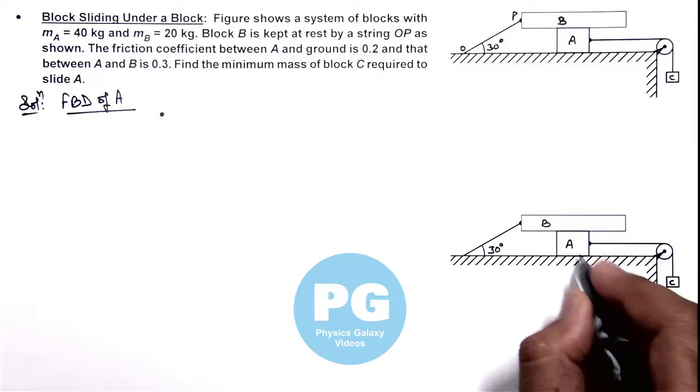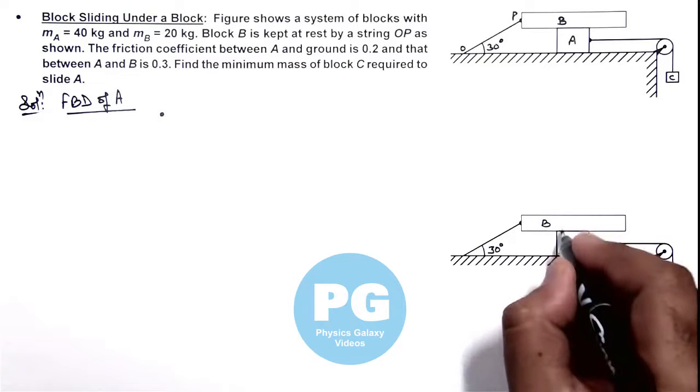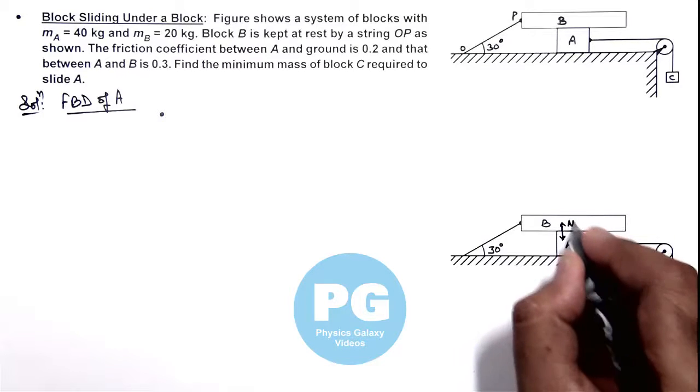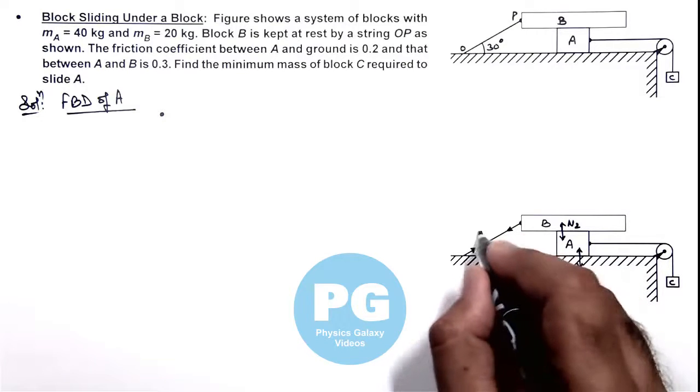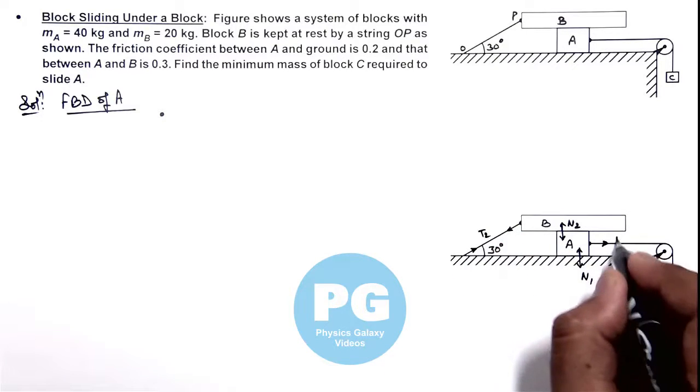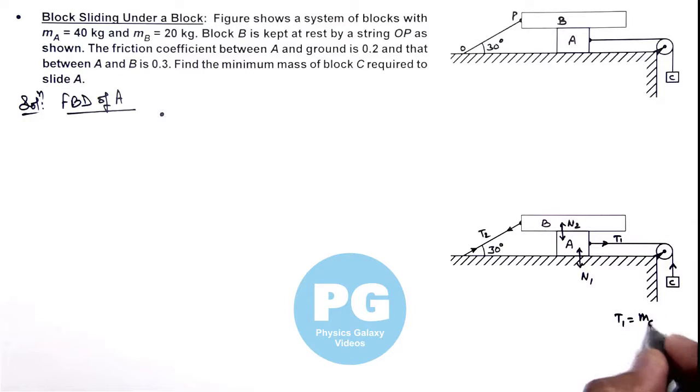Say a normal reaction N1 is developed between block and ground, and a normal reaction N2 is developed here, and a tension T2 is acting in this string and a tension T1 is acting here. So the value of T1 will be provided by the weight of block C, so this can be written as mCg.